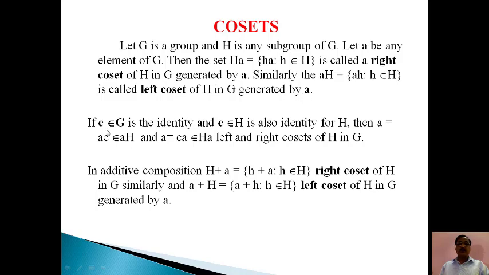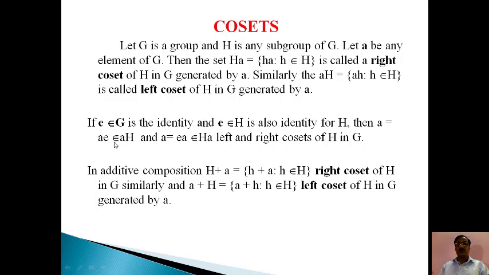And we know that E is the identity element. If E belongs to G is the identity and E belongs to H is also the identity for H, because H is a subgroup of G, then we say A is equal to AE. Multiplication by the identity gives again the element.